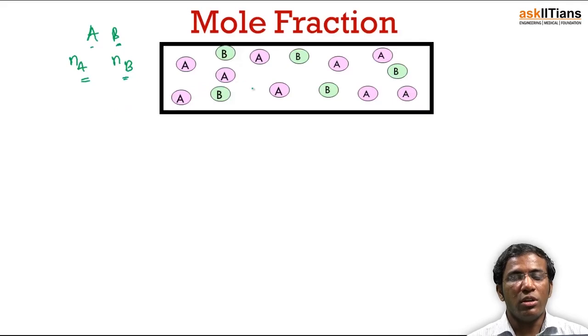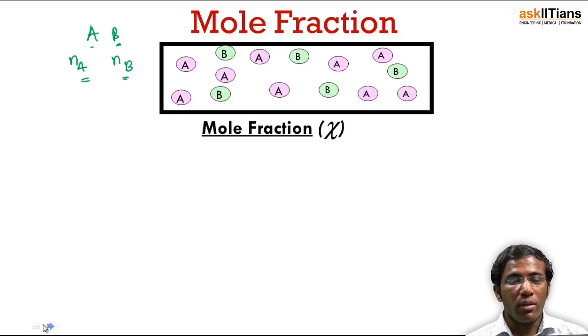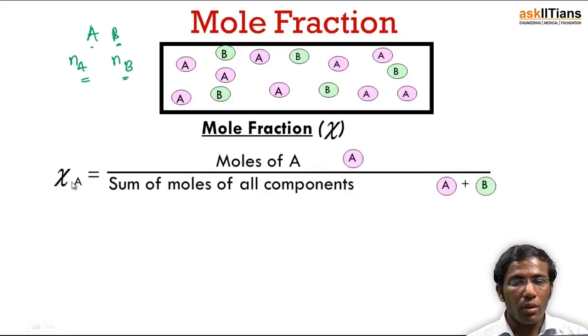These are the numbers of moles which I can calculate by knowing the mass of A and B. The mole fraction of A is defined as the number of moles of A divided by the total number of moles. So mole fraction is represented by x, and XA, the mole fraction of A, is equal to the number of moles of A divided by the sum of moles of all the components.